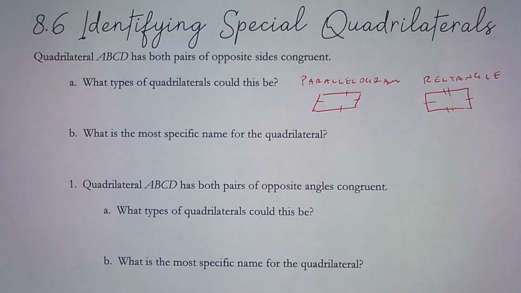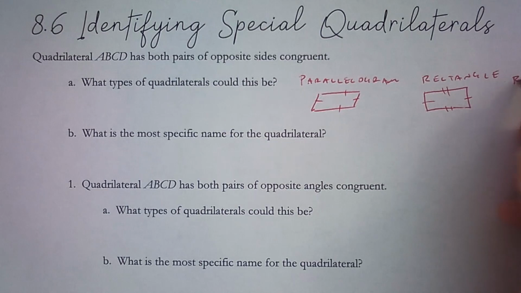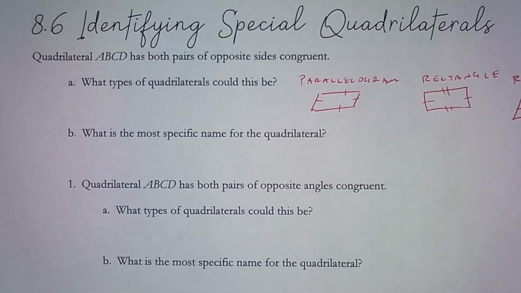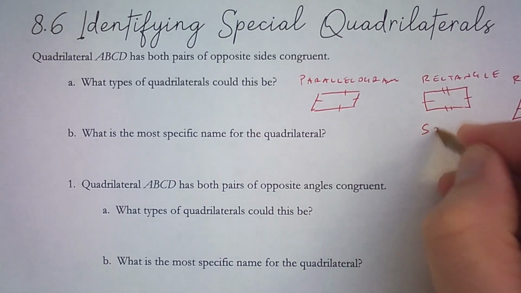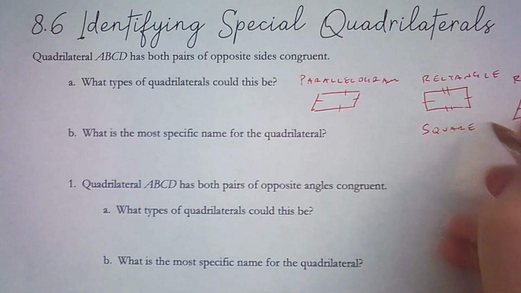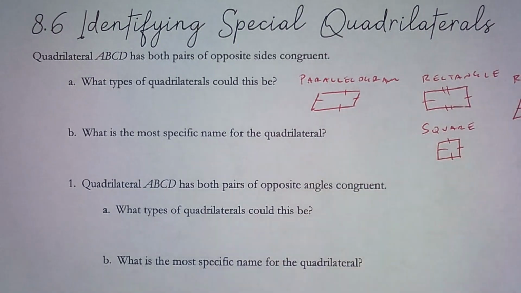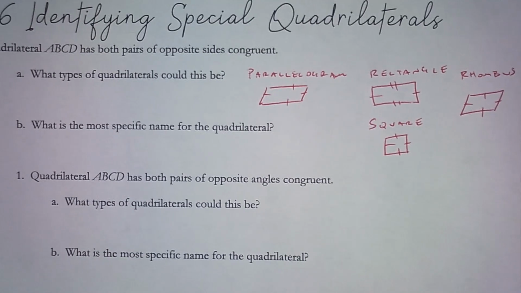A rhombus does. A rhombus has all four sides congruent, so opposite sides must be congruent. It could also be a square. So it could be any one of those four.